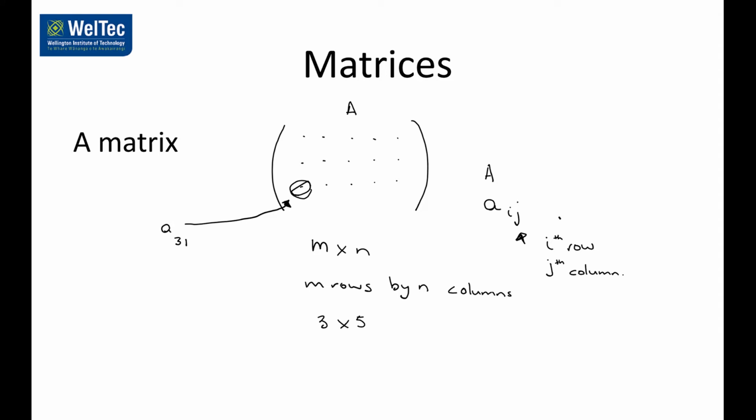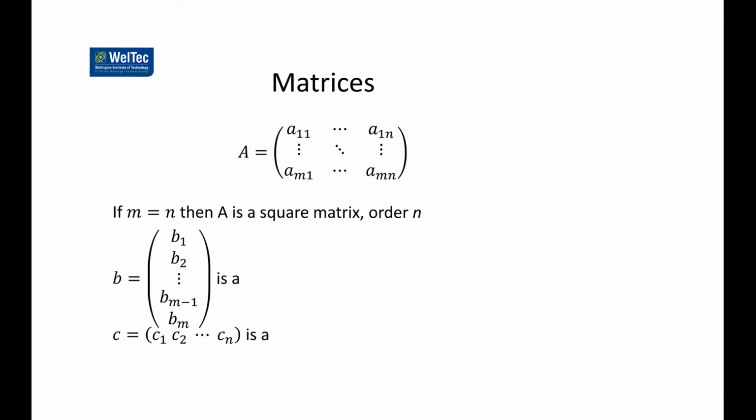Now a vector is just a list, and a matrix is lots of lists. So it's not a particularly obscure thing, it's just a lot of lists, but it has some rules, of course. If we have the same number of elements in the rows and the columns, then the matrix is square, and we'd call it a square matrix, and we talk about its order being n.